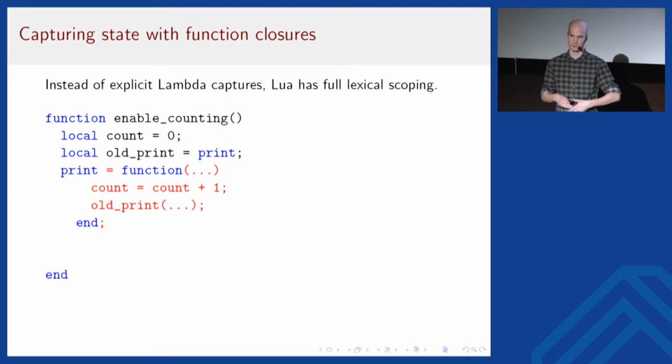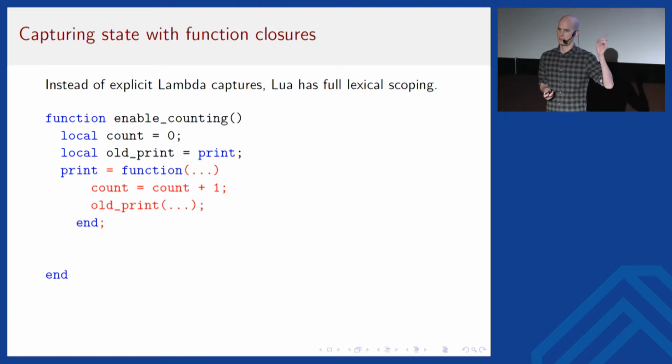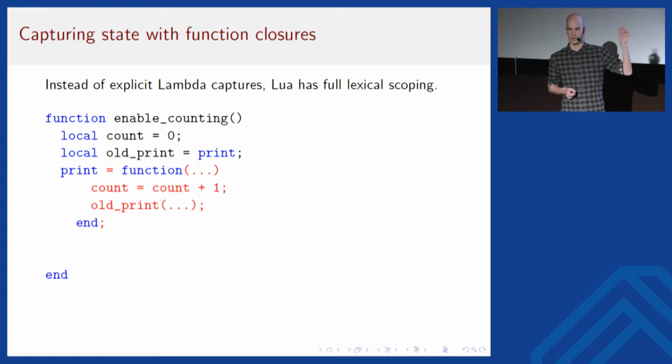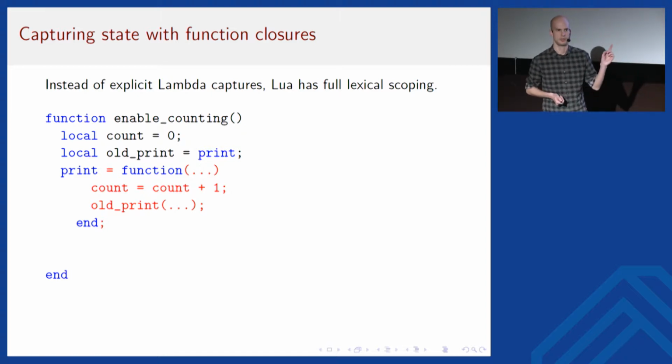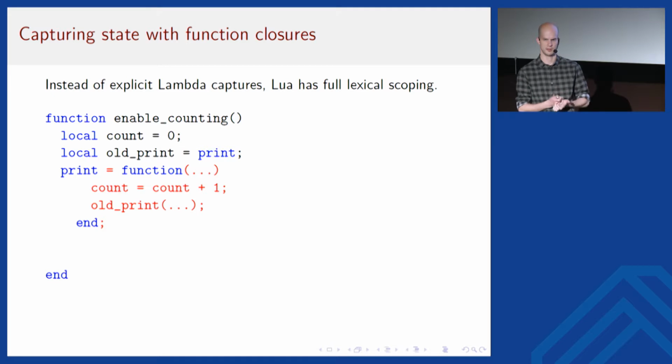In Lua, it just works out of the box implicitly. But you might notice that we do have a problem now, because our count is now a local variable. So if I now actually want to check how often the print function was called, how do I read this count again, right? I mean, it goes out of scope as soon as I leave my enable counting function. So how can I access this again?